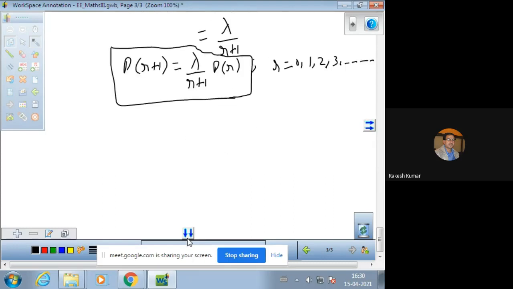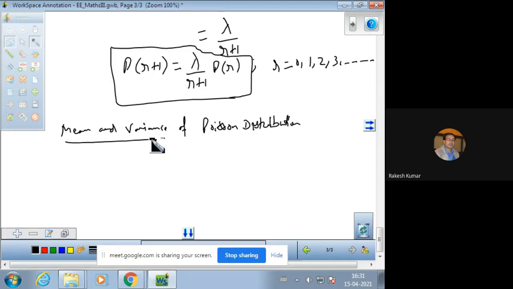Now, the mean and variance of Poisson distribution can also be found. So let us see how we can calculate the value of mean and variance of Poisson distribution.